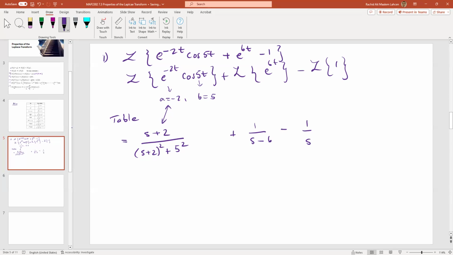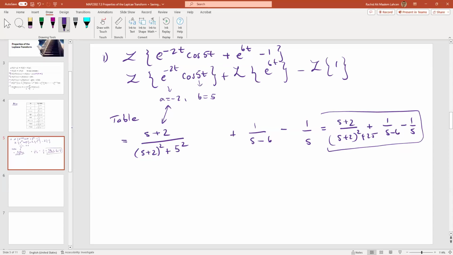All right, so we can go ahead and say s plus 2 over s plus 2 squared plus 25 plus 1 over s minus 6 minus 1 over s. You see, it's not complicated. Since we already have a table, we have these formulas, so we can apply them. And we know how to do this as well if we want to use the definition.